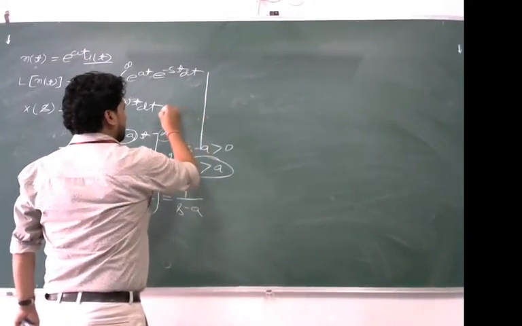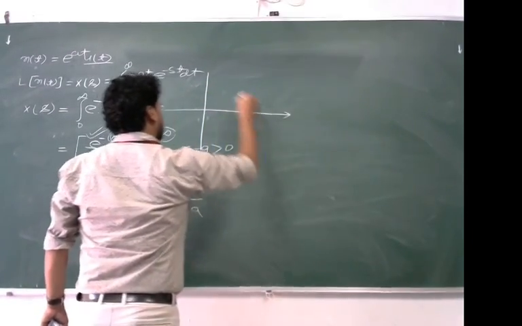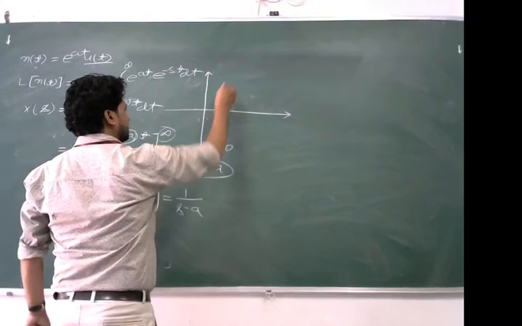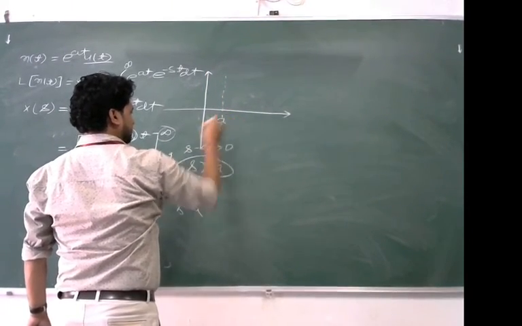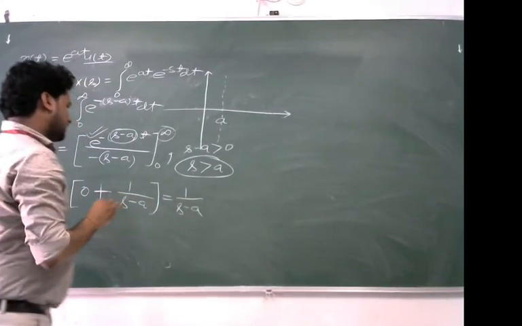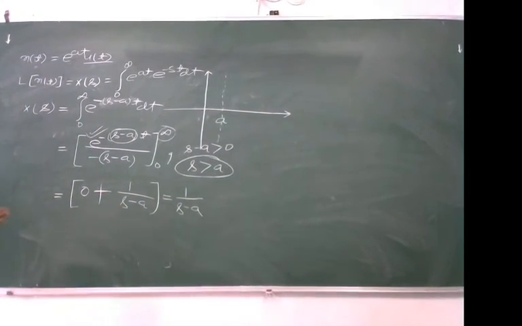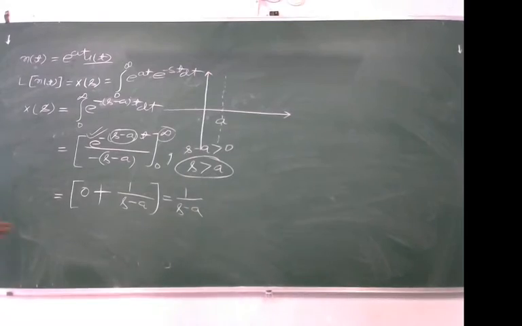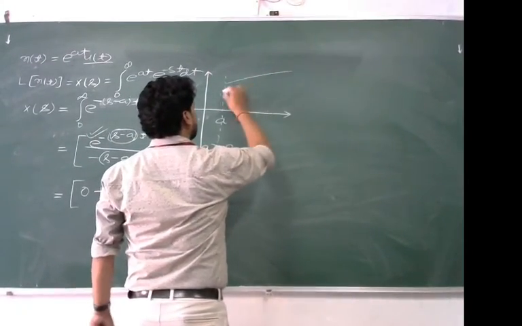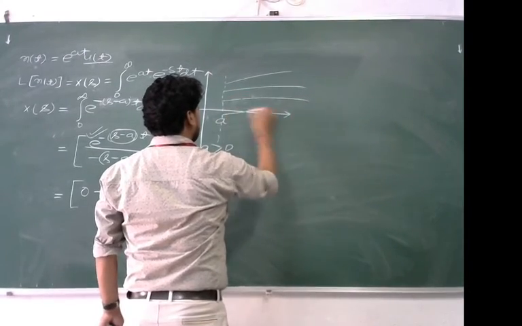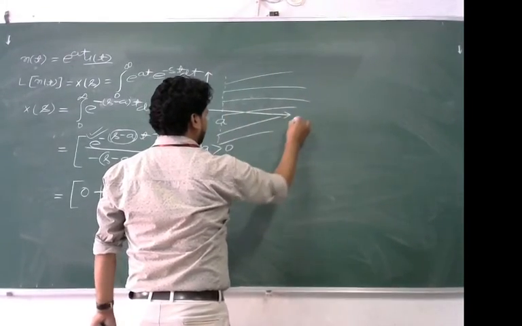It means we can find the Laplace transform of the given signal e^(at). Suppose this is the value of a. We can find the Laplace transform of this signal e^(at) u(t) only when the value of sigma is greater than a, that is, in this region only.